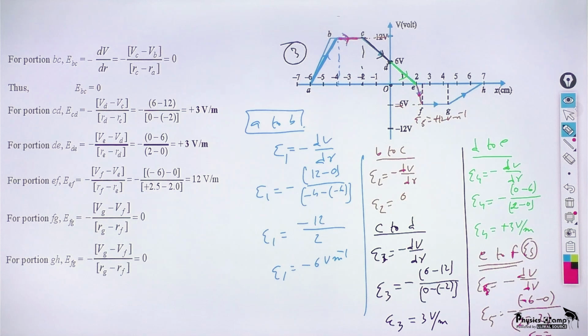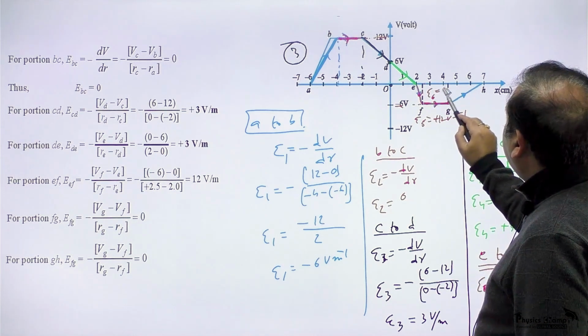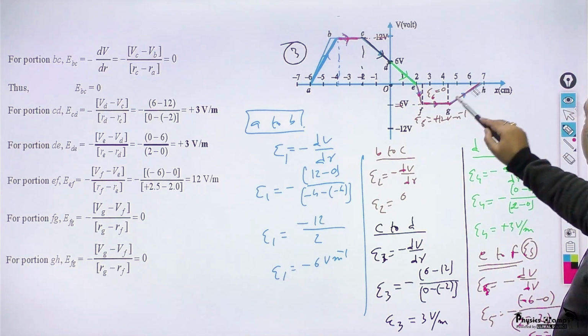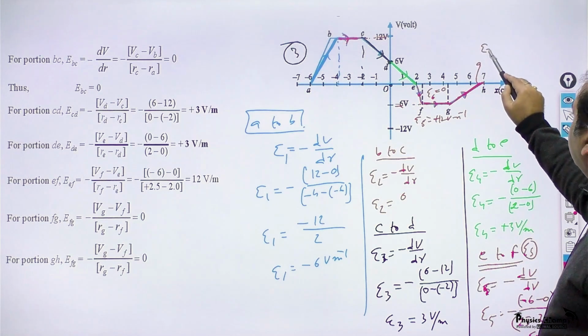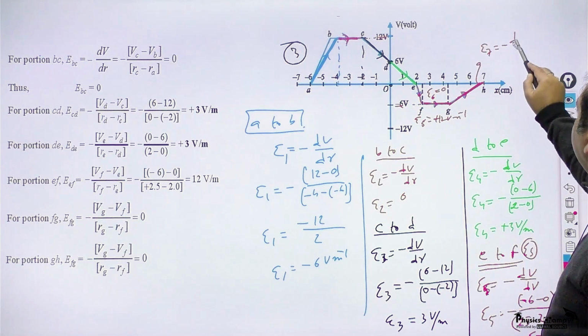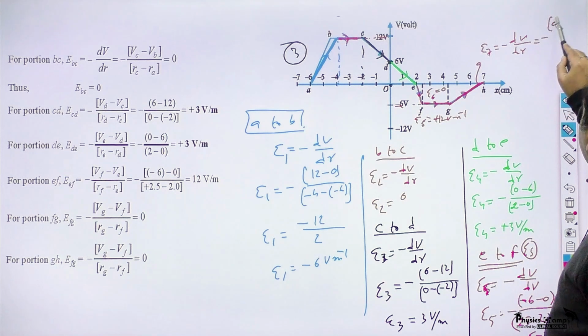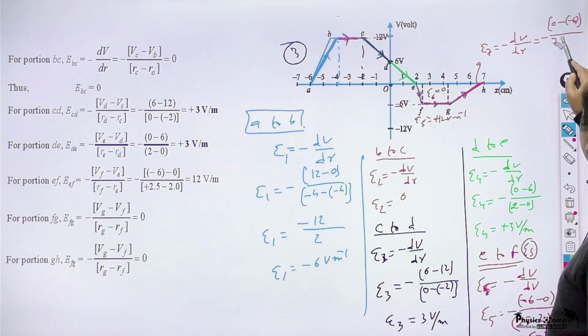Then for the portion F to G, E6 will be 0, no change of potential. And then for the portion G to H, you have E7. So E7 will be again minus dV by dr. V final is 0, initial is minus 6, divided by dr, which is 7 minus 4.5.